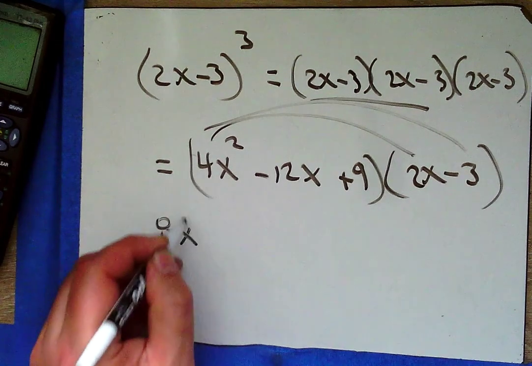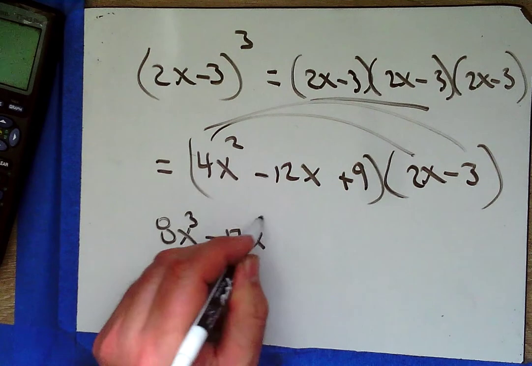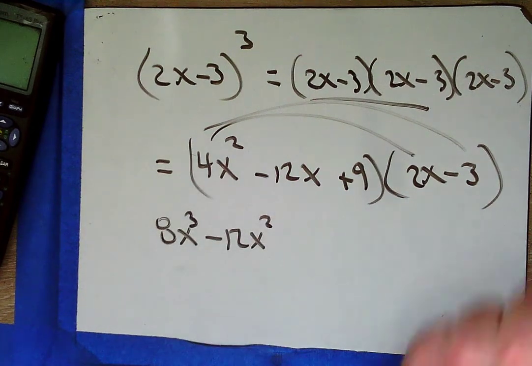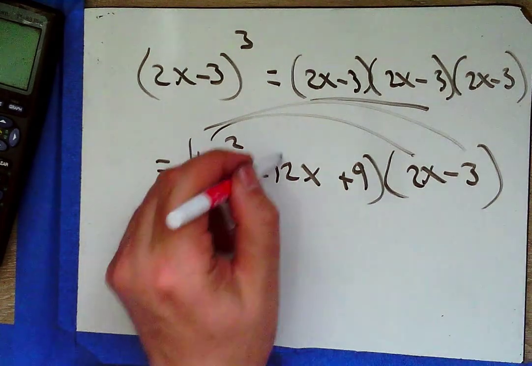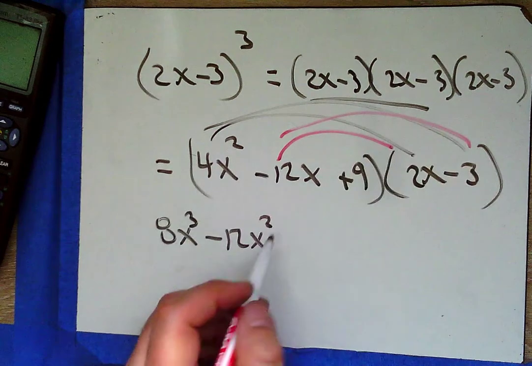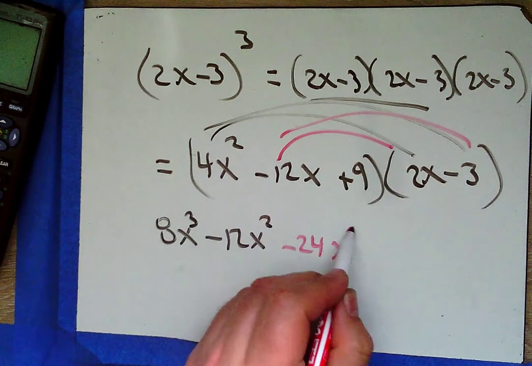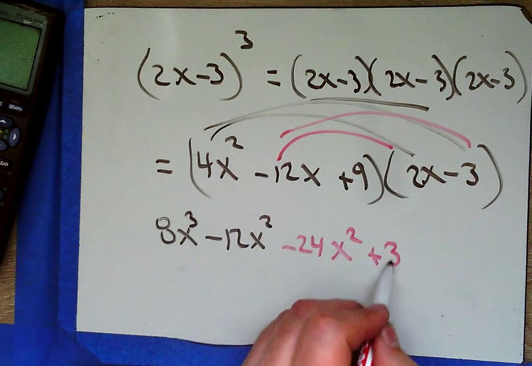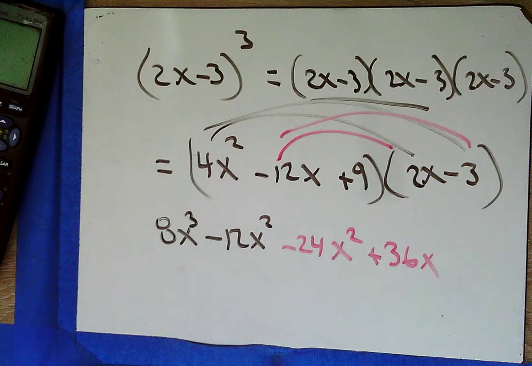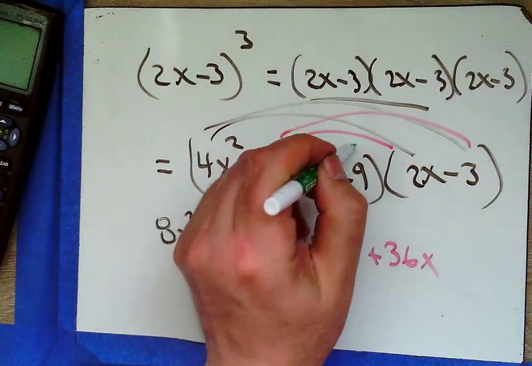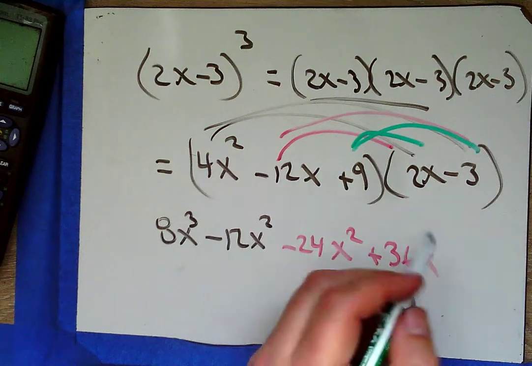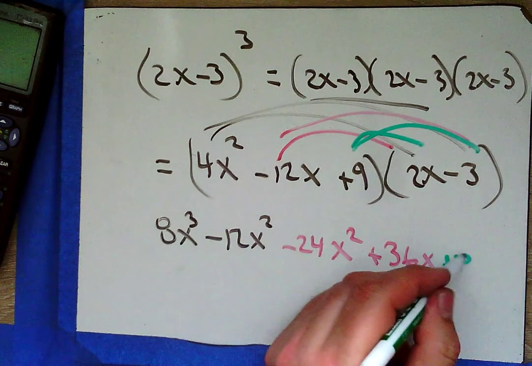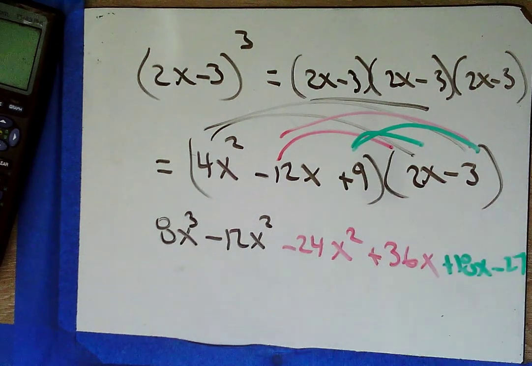It's going to be 8x to the third minus 12x squared. And then I'm going to multiply this times each of these. So that's negative 24x squared plus 36x. And finally, I'm going to multiply this times each of these. And so we get plus 18x minus 27.